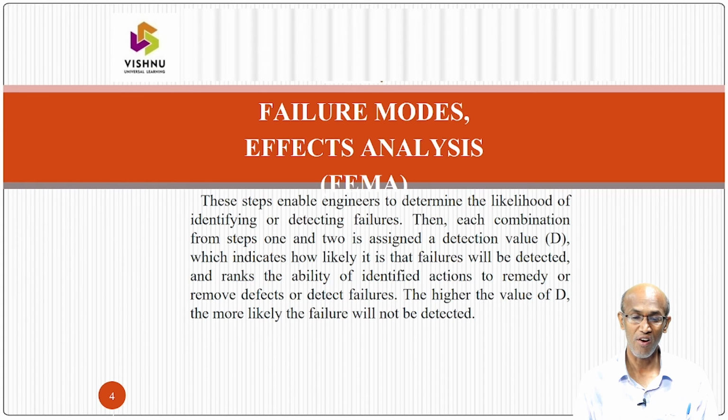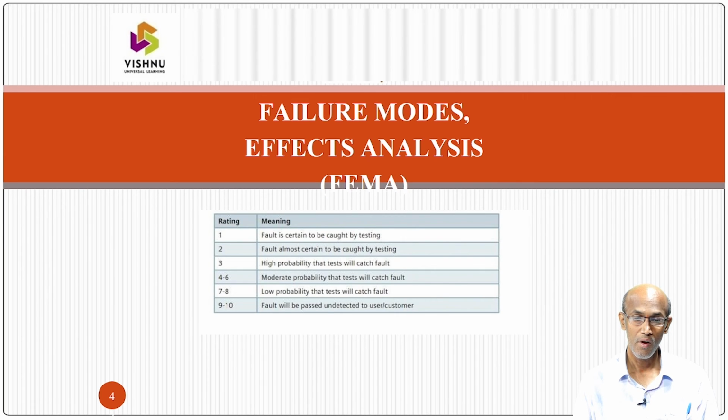The higher the value of D, the more likely the failure will not be detected. 1 means fault is certain to be caught by testing. 2 means fault almost certain to be caught by testing. 3 high probability that tests will catch fault. 4 to 6 moderate probability that tests will catch fault. 7 to 8 low probability that tests will catch fault. 9 to 10 means fault will be passed undetected.